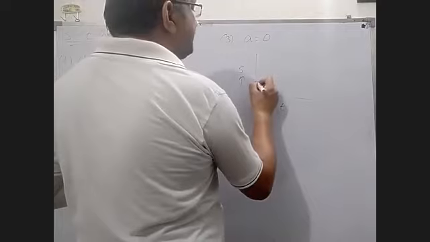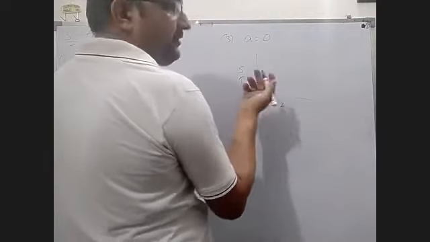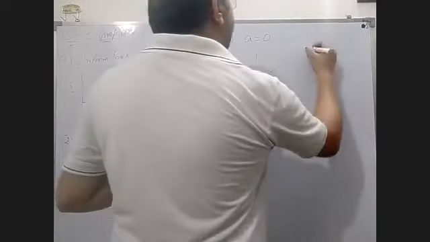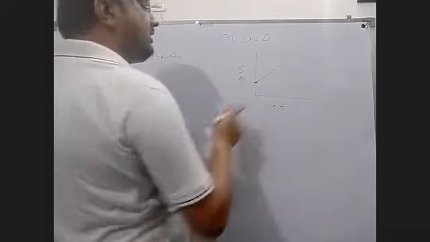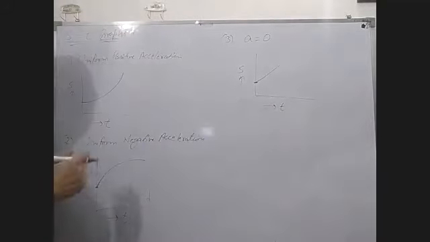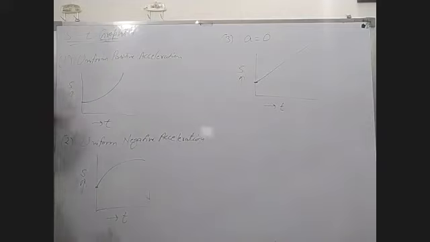If initial velocity has some value, then you can take a straight inclined line. From the origin also you can take all these graphs. Okay, but here we are taking some position at time 0. That's why we are doing it like this.